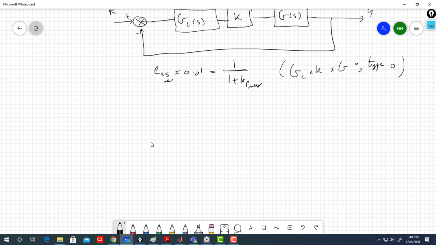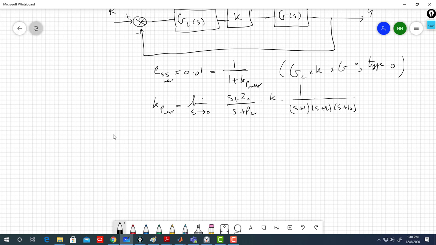So Kp new equals the limit when S tends to 0 of the open loop system: S plus ZC over S plus PC, times K, times 1 over S plus 1, S plus 2, and S plus 10.